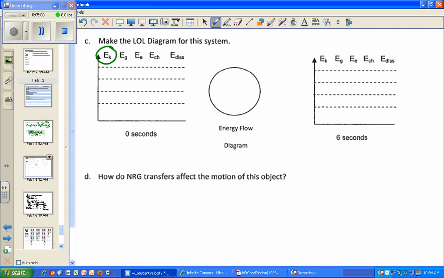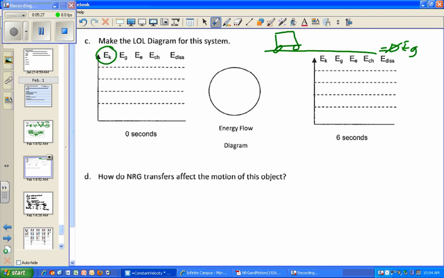What about EG? What is that dependent upon? Where you say the car is. So we could say that our zero EG line is the surface of the road, couldn't we? We get to decide that. If you decide that the car is on the road and that equals zero EG, then that's fine, and you don't have to include EG.